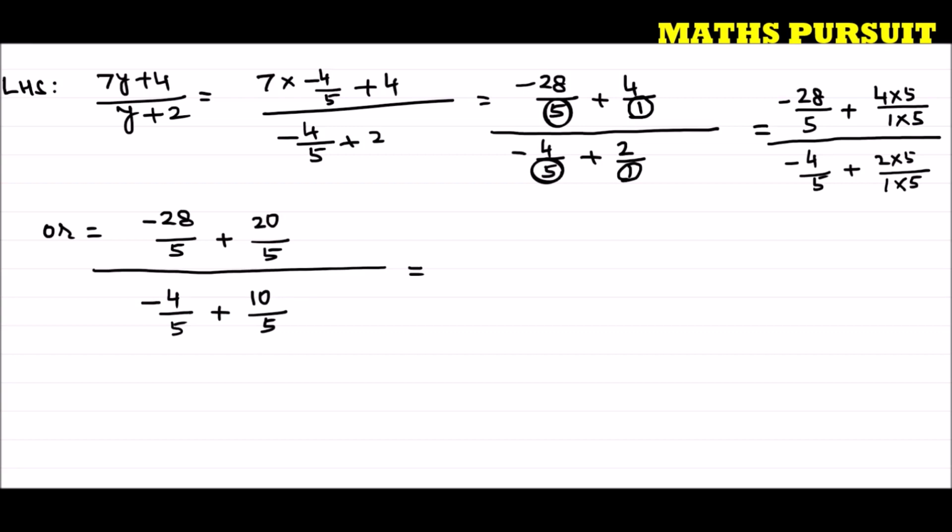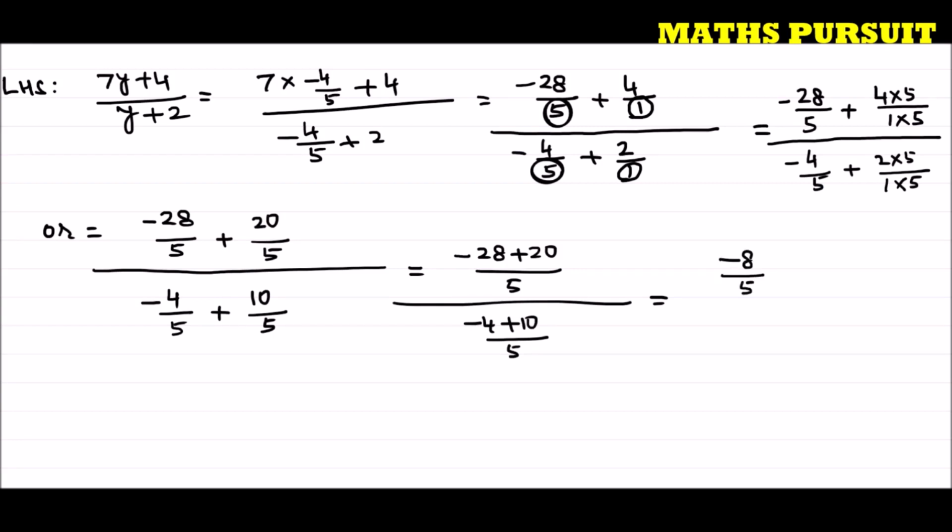That is equal to minus 28 plus 20 divided by 5, then whole divided by minus 4 plus 10 divided by 5. That is equal to minus 28 plus 20 is minus 8 divided by 5, whole divided by minus 4 plus 10 is 6 divided by 5.